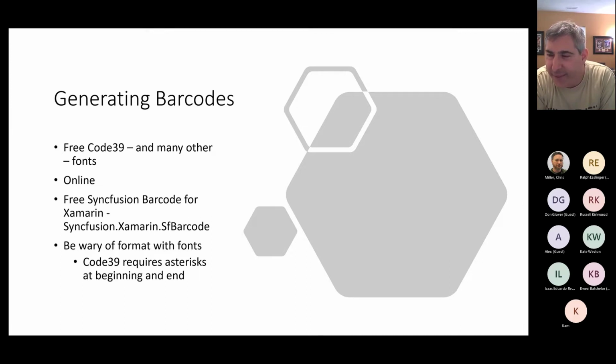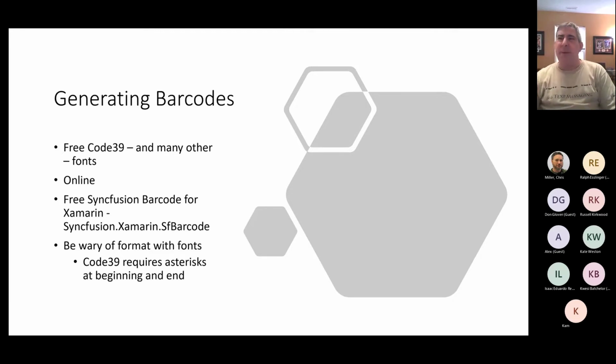And when I would scan a sample code 39 that I grabbed off the internet, it would work. But when we used the font that we just generated with labels, it wouldn't work. What's the difference? So we finally figured out you have to begin and end code 39 with an asterisk character. Otherwise, it's not a valid barcode.